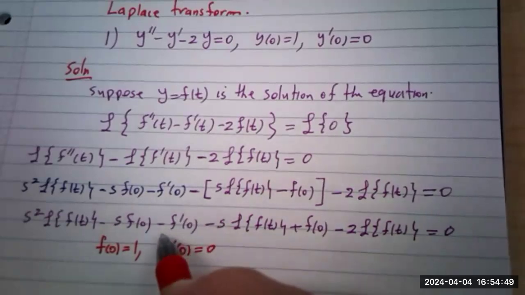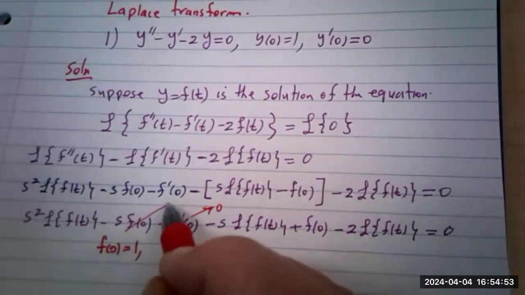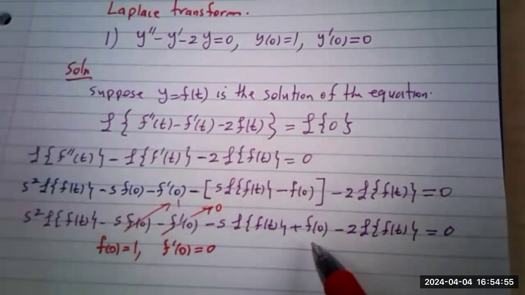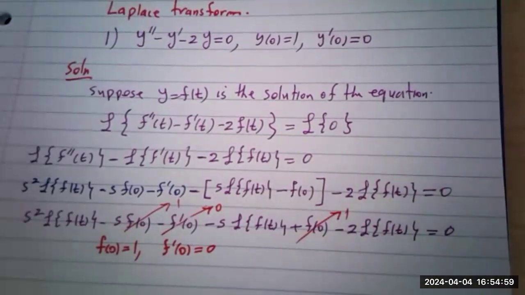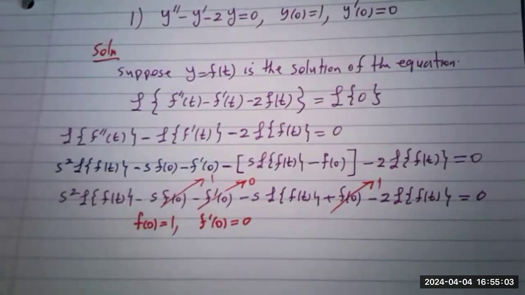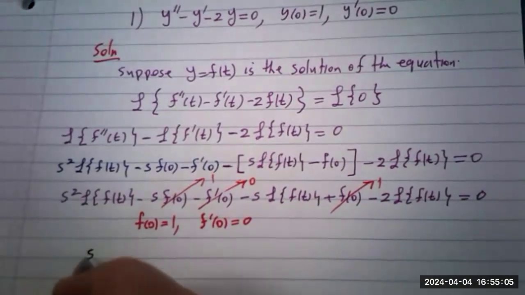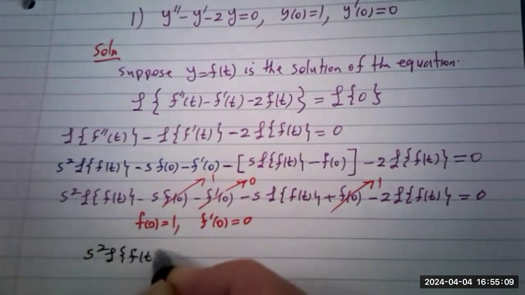You see f prime of 0 is 0. F of 0 is 1. We'll repeat it again. Simplify it. So we are going to have s squared Laplace of f of t.